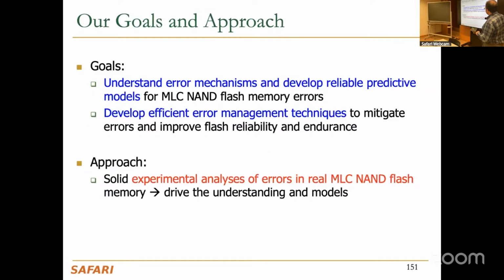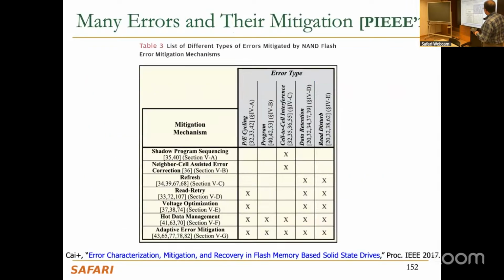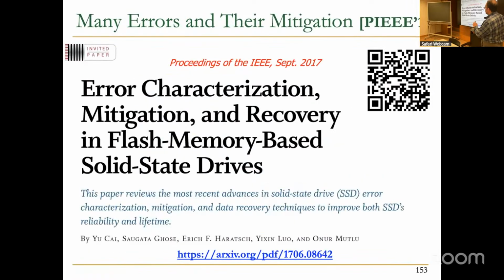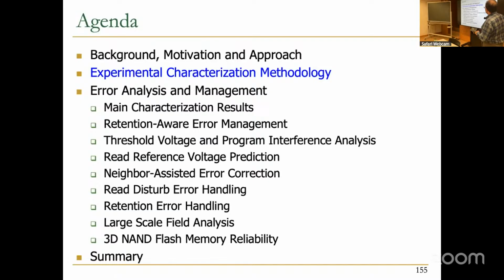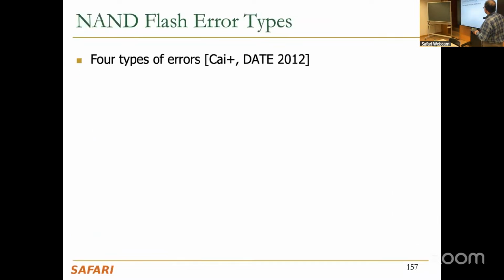I think I already discussed this. Okay, so this survey is actually full of information. I would recommend that if you're interested in understanding all this stuff, check this one. It's a very informative survey. But let me show some of the results.